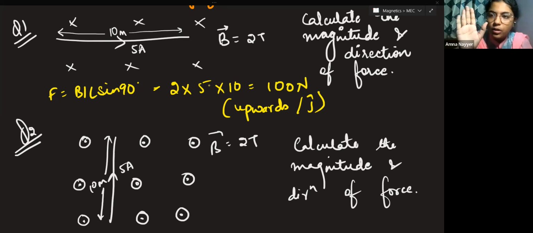If I keep my hand in this position, so magnetic field is where? Magnetic field is outwards. So I cannot curl it like this. I have to curl it outwards. So this gives the direction. When I curl this, this is the direction, that is i cap, or you can say rightwards, and magnitude will be the same.